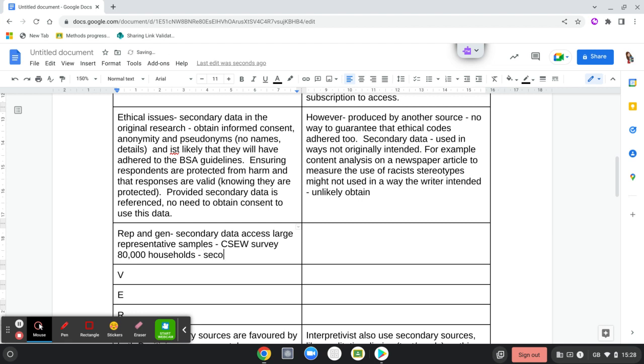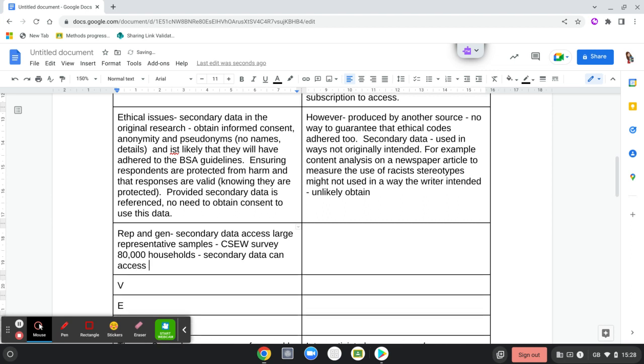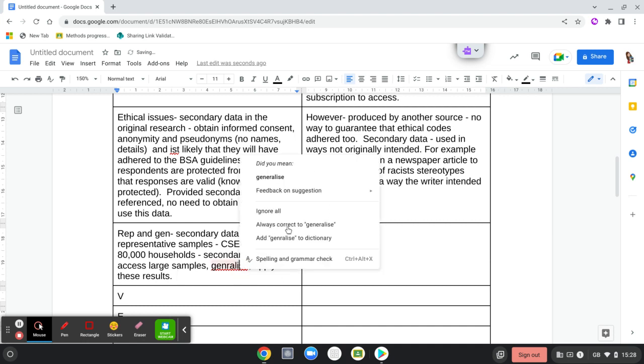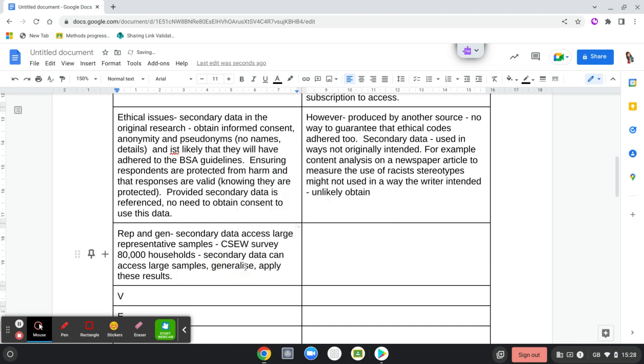This means that secondary data can access large samples, so you can generalize or apply these results.